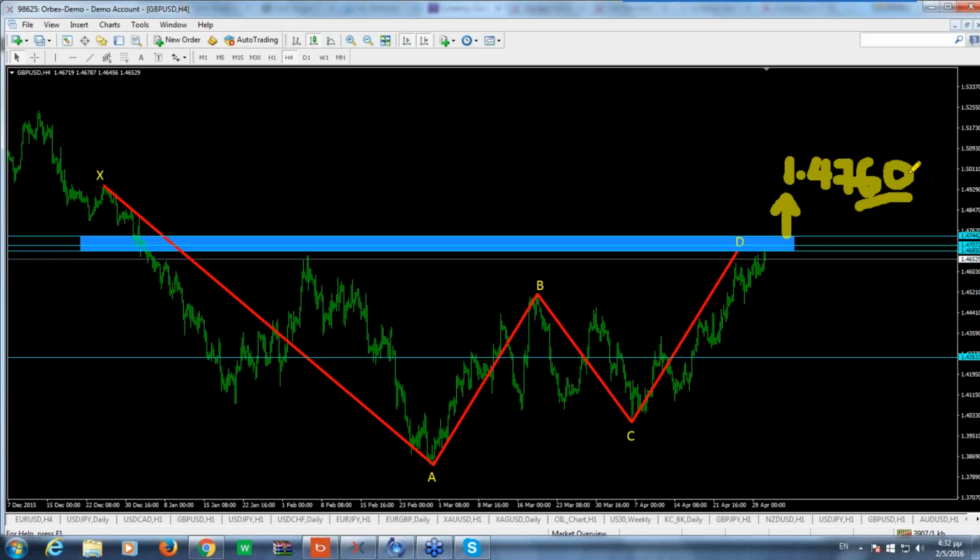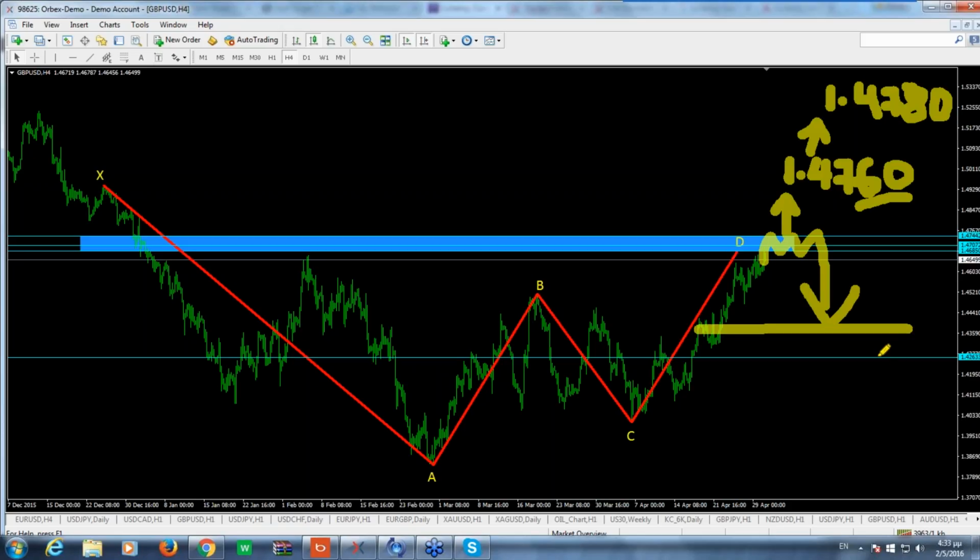So once it goes above and you see prices keep on extending past 1.4760, then it may signal the markets to go possibly higher, maybe past that and reach the 4780 area. This is just a possibility, but we are looking at two possibilities. Prices reversing here and coming down, and how far down if it does reverse and make that bearish tone, it'll be at least about 50% of the C to D move. So you can aim and take profit at the 50% level.